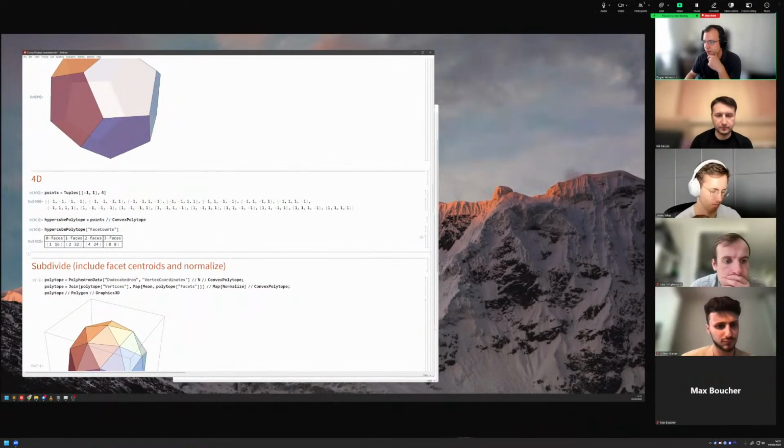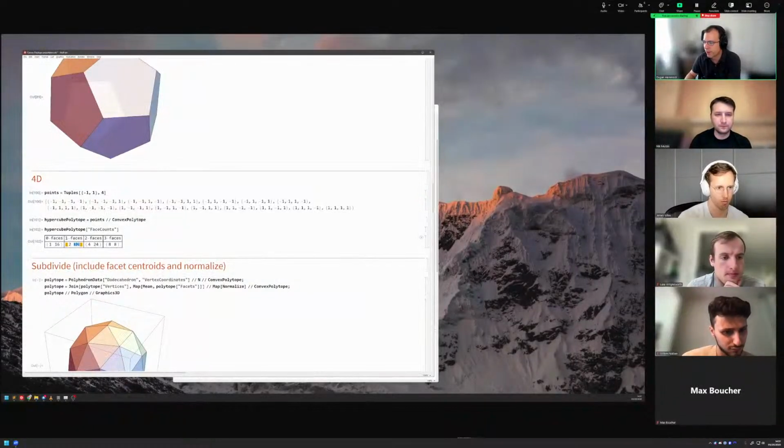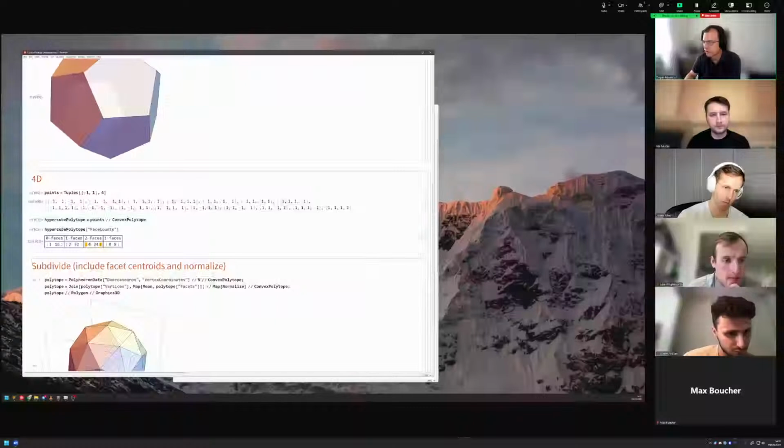All right, so a hypercube has 16 vertices, 32 edges, 24 squares, and 8 cubes.